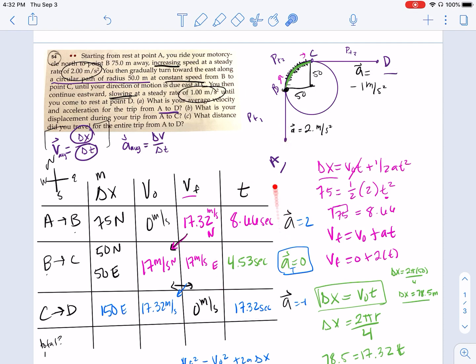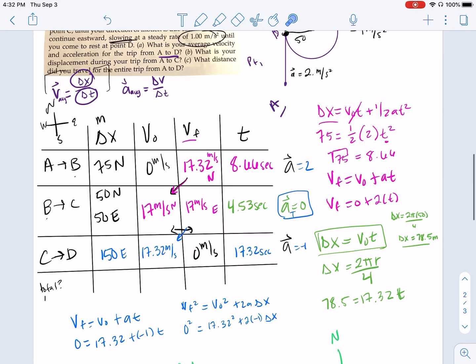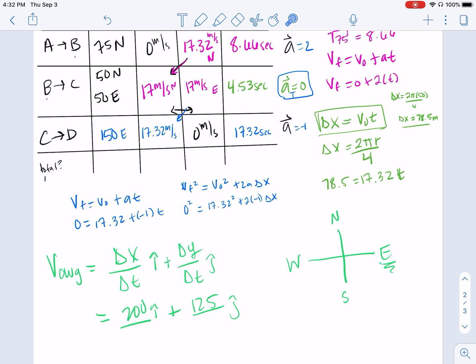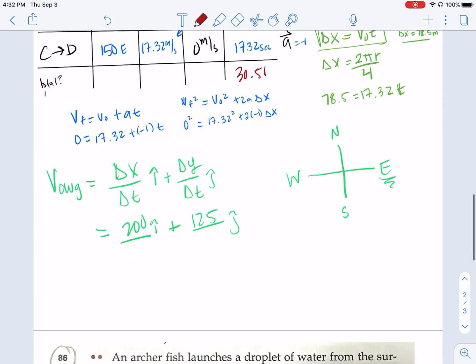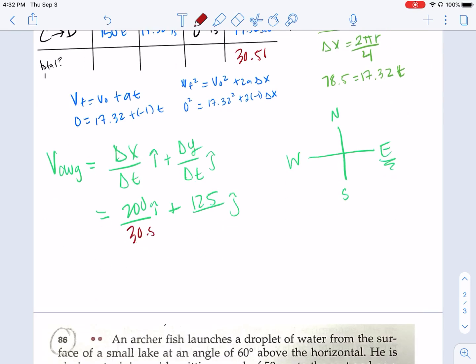Time is scalar, the direction does not matter. And so we want to make sure that we use the same time over all of it. So if I add up those numbers, 8.66 plus 4.53 plus 17.32, we get 30.51. So I'm going to divide both of these by 30.51.